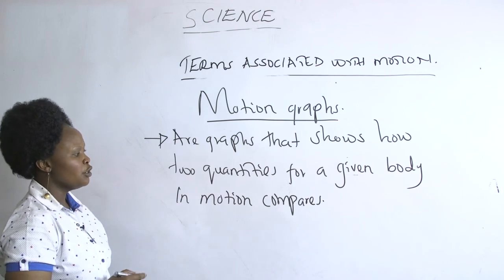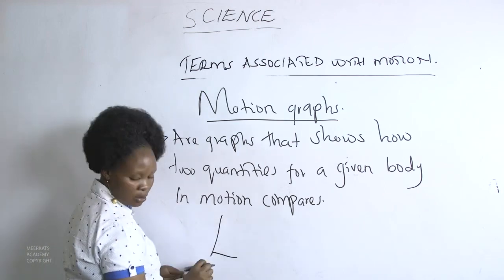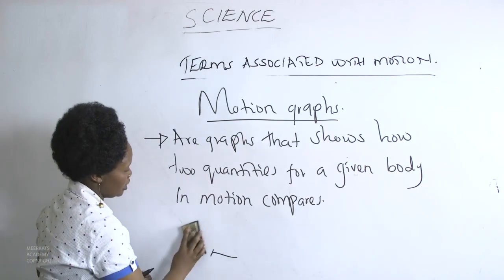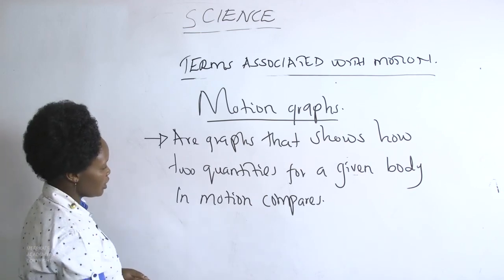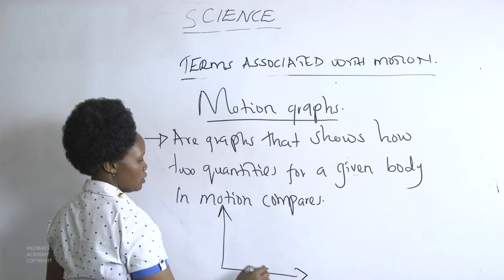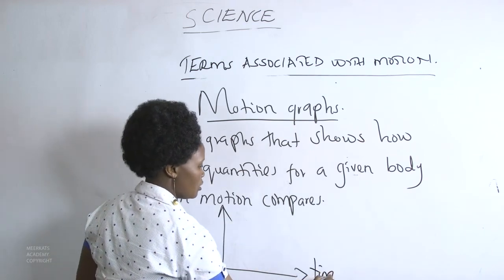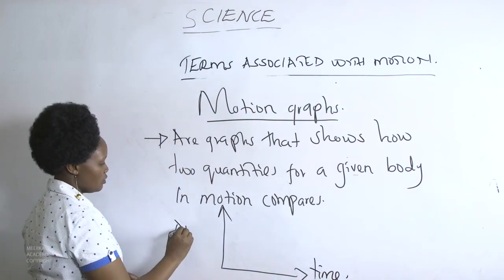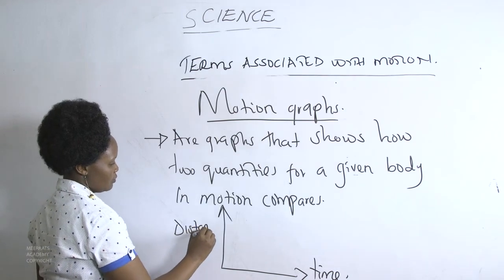For example, you could look at what we call a distance time graph, where you have the time and you have the distance.